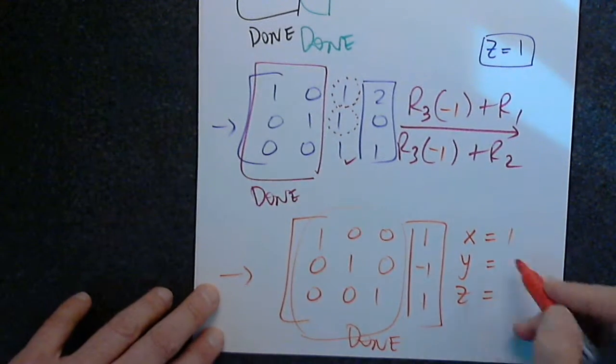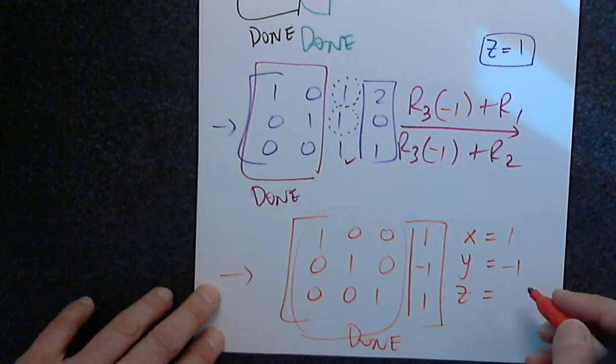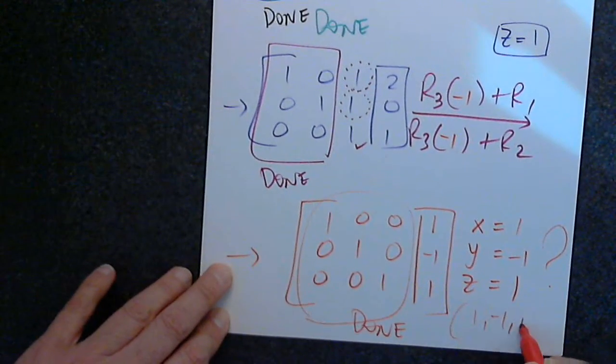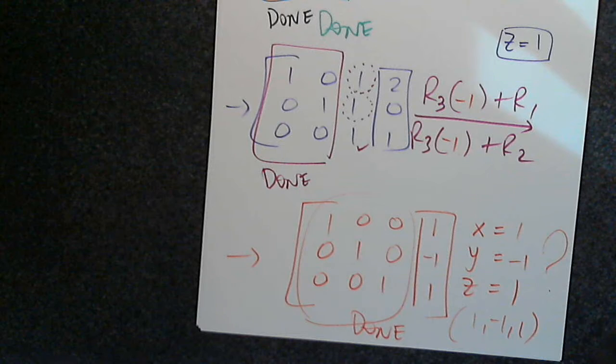X is 1, y is negative 1, z is 1. Do I believe it? It's so easy to make a mistake in this method, called Gauss-Jordan. It's so easy to make an error.